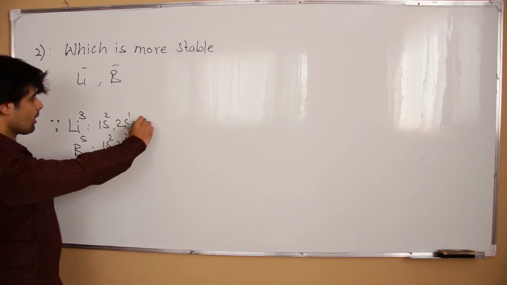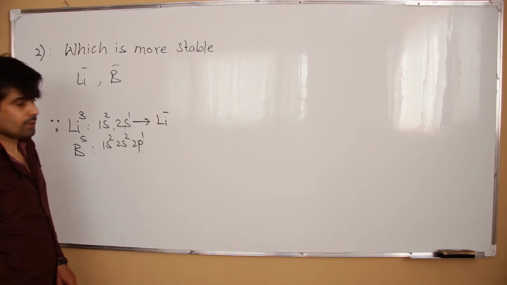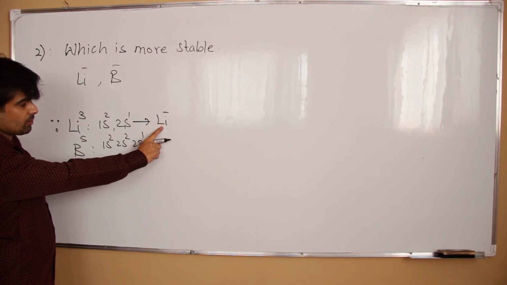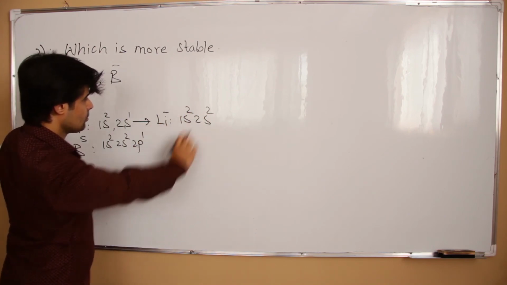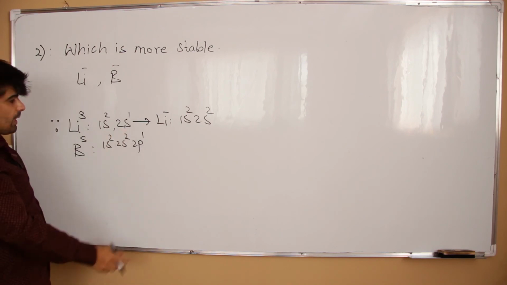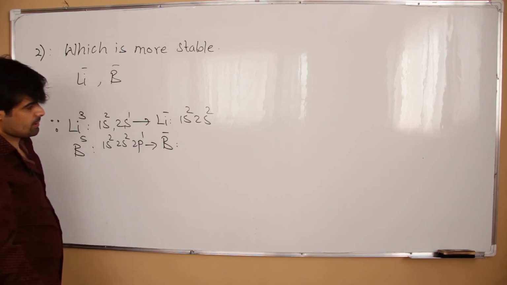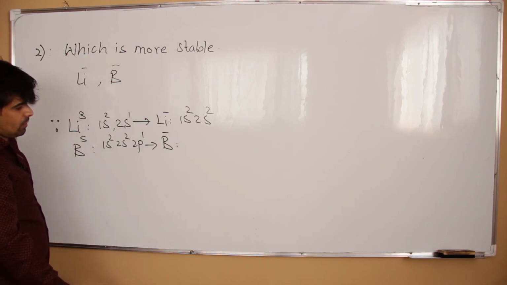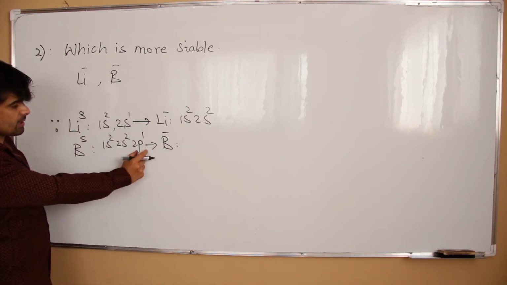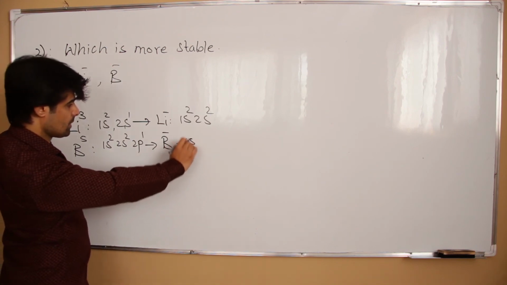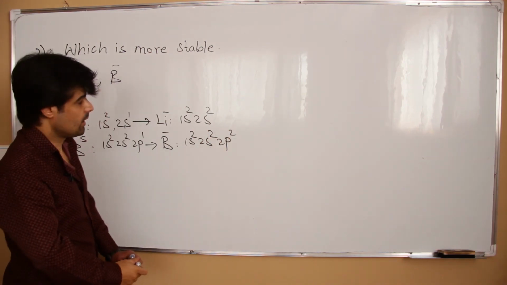But when we talk about lithium minus, it means it has accepted one more electron, so we can say 1s2 2s2. And boron minus accepted one more electron, so it will be put in p, because it has an empty place: 1s2 2s2 2p2. Now what do you think?